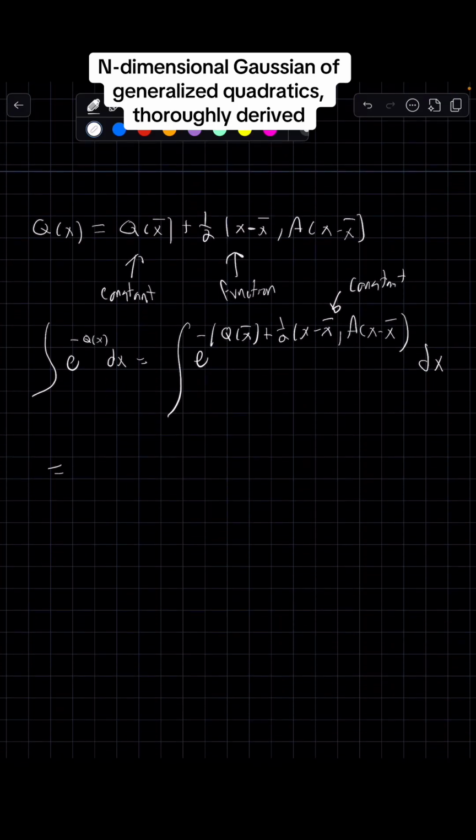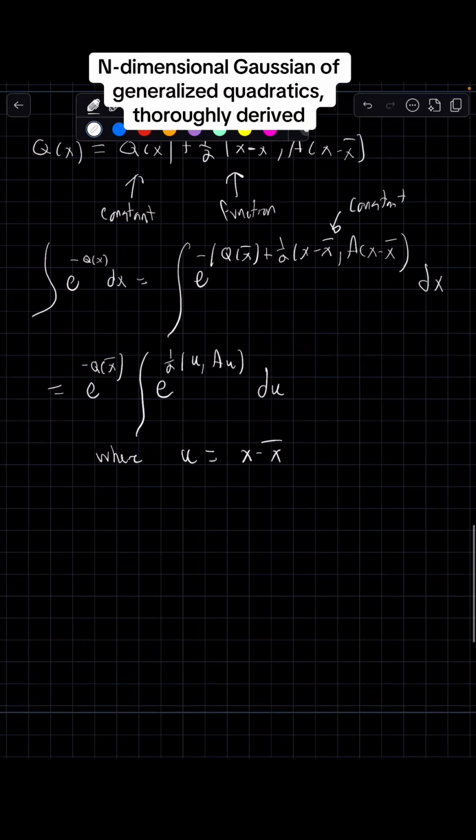And so that becomes e to the minus q of x bar, since we're not integrating over x bar, times the integral of e to the minus 1/2 u A u du, where u equals x minus x bar. And we know what this is because we did it last time. This equals e to the minus q of x bar times root of pi to the n times 1 over det A.